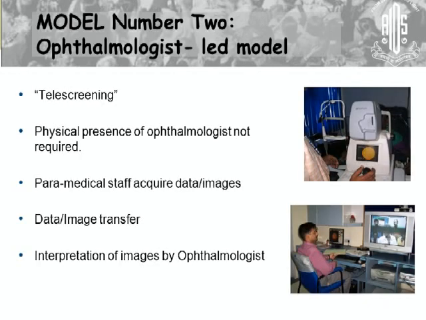So the second model is telescreening, where the physical presence of an ophthalmologist is not required. The paramedical staff acquires the images and the data. They are transferred by any means, by satellite or by WiMAX or by Wi-Fi, and these images are interpreted by the ophthalmologist and a report given to the patient.